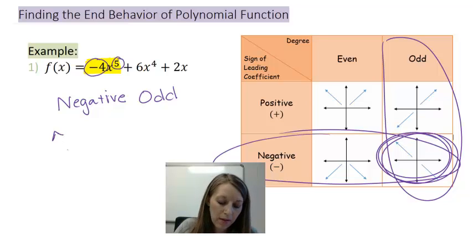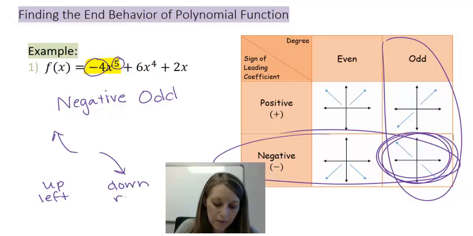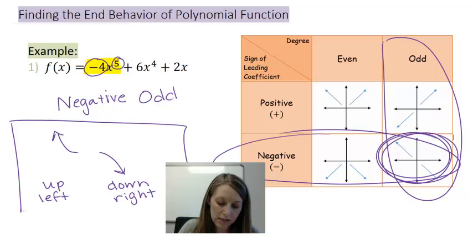It goes up on the left and down on the right, where again we don't really know what happens in between. So up on the left and down on the right is our official answer for our end behavior of this example.